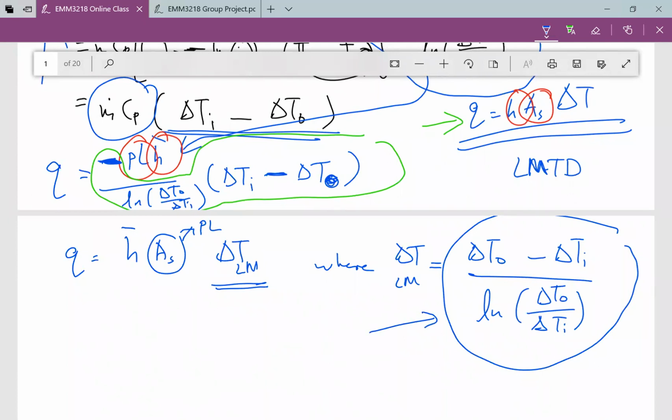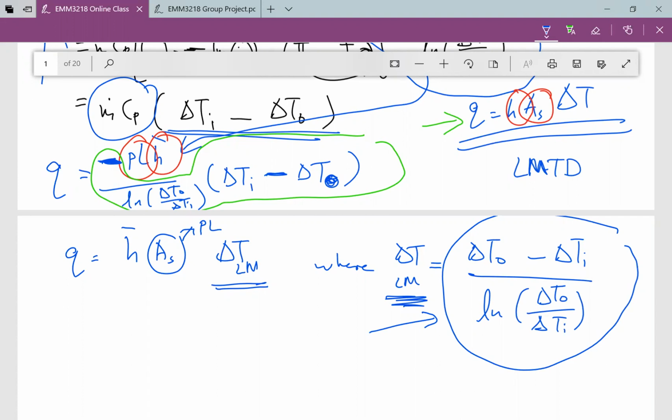So you could do something like this if the question asks you to derive log mean temperature difference. And this is actually related to heat exchanger. You're going to use this LMTD again in heat exchanger. We'll see that soon today.